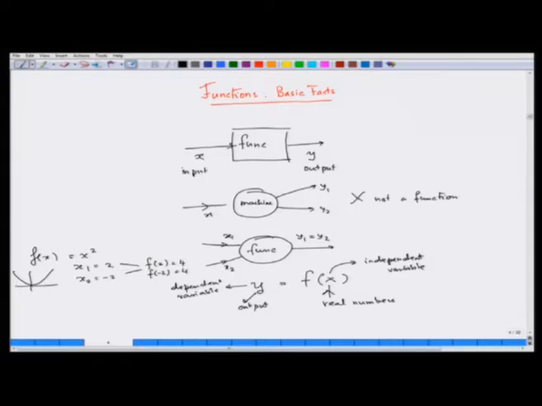So this function is of this particular type, where two different inputs give me one output. But for example, take the function f(x) equal to 2x plus 1. Here one input gives me one output.